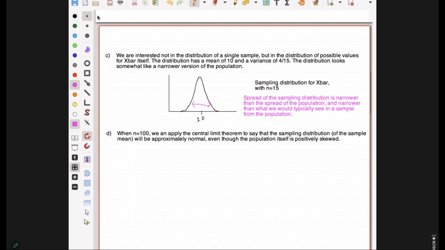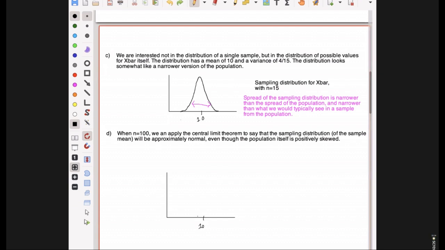And I'll draw that here. So if 10 is in the same spot as it was before, I'm going to get a very narrow distribution that is centered right there at 10 and is approximately normal.